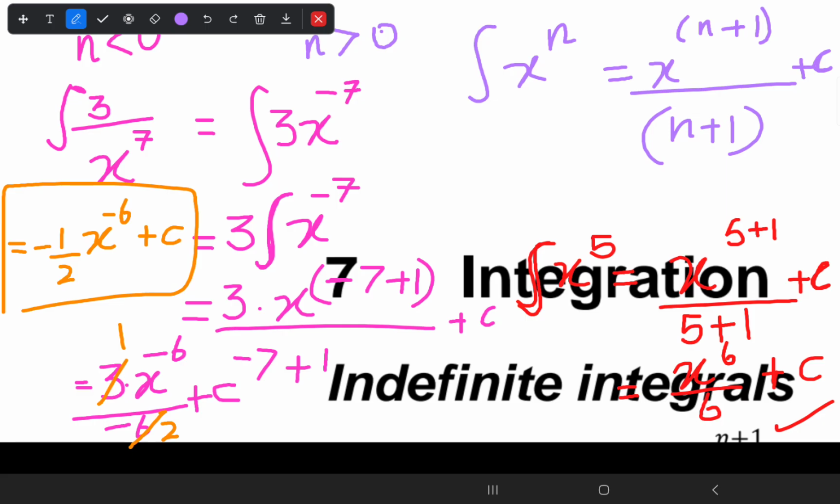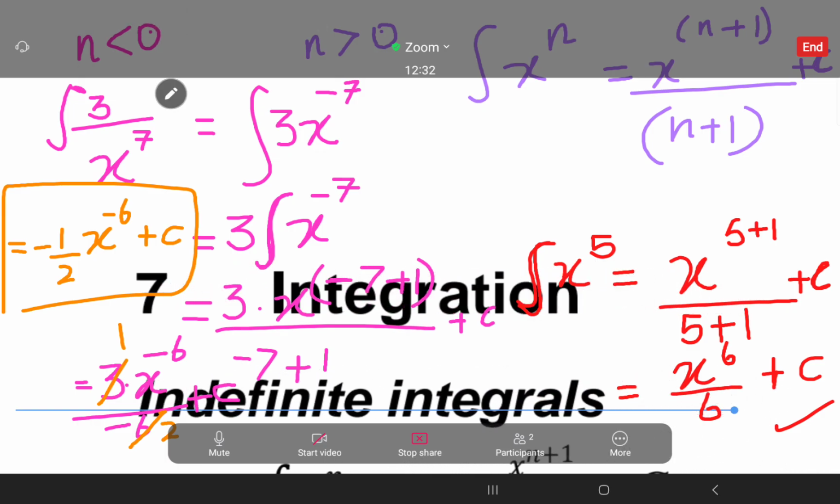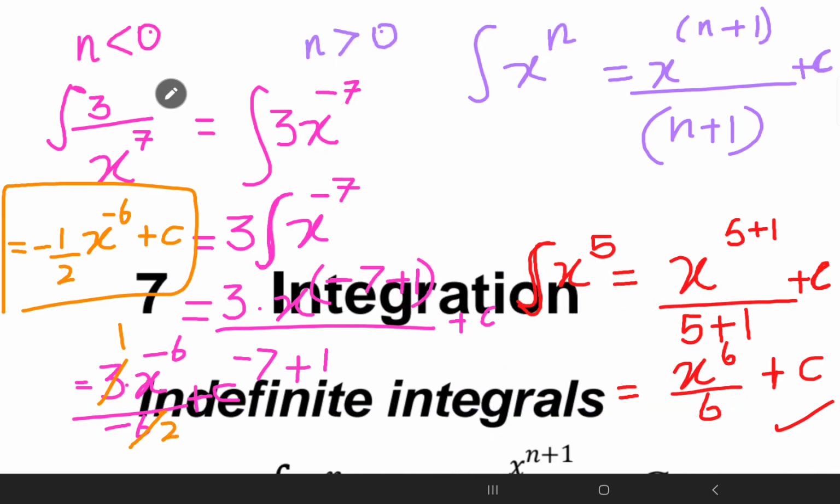When we deal with x to the power of 5 in this example, that means x to the power of n plus 1. In the integral you have to indicate n plus 1. So 5 plus 1, in the denominator also 5 plus 1. x to the power of 6 upon 6. That's all for here.